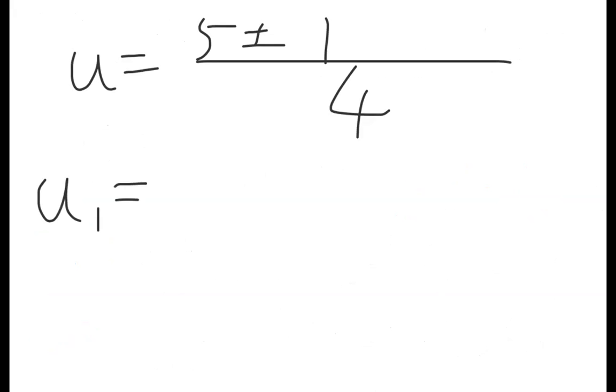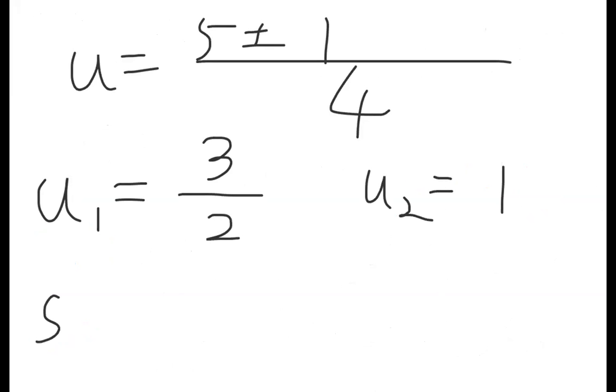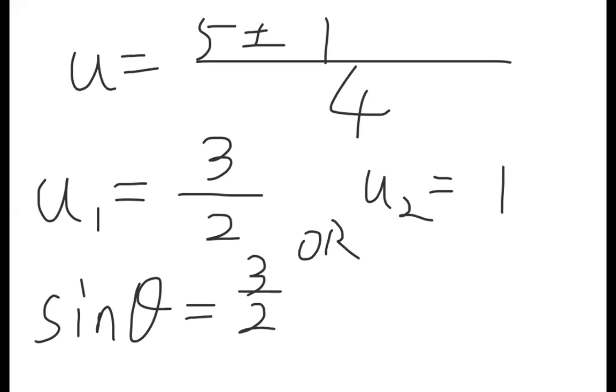So you have one of the u is 6/4, which is 3/2, and the other one is 4/4, which is 1. After solving for u, because u is just sine, you have sine theta is equal to 3/2, or sine theta is equal to 1. So you have two trigonometric equations to solve.